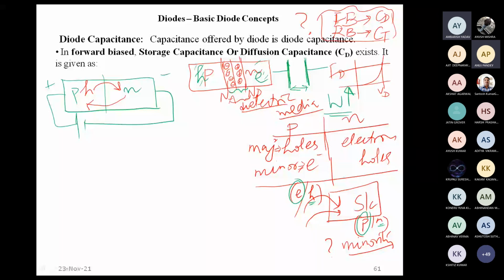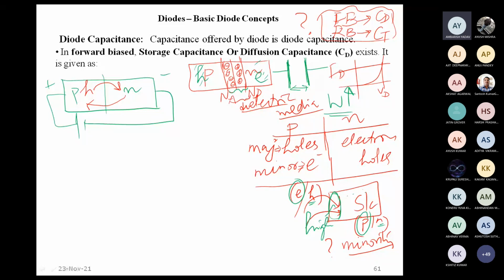So what happens? This minority charge carrier which has been injected, before injection there could be some concentration of it. But as soon as it is injected, at the location of injection we will have a higher concentration, and at other places a lower concentration.